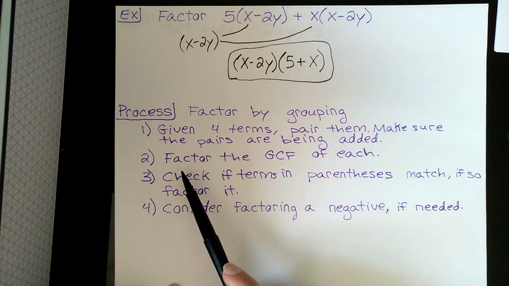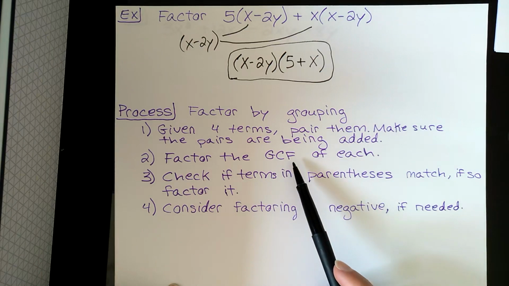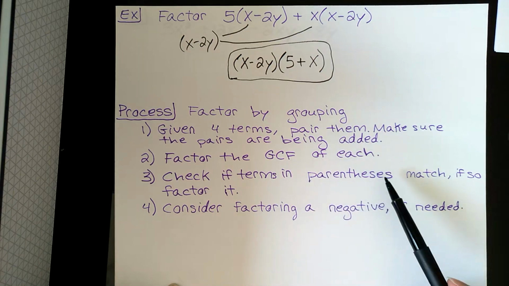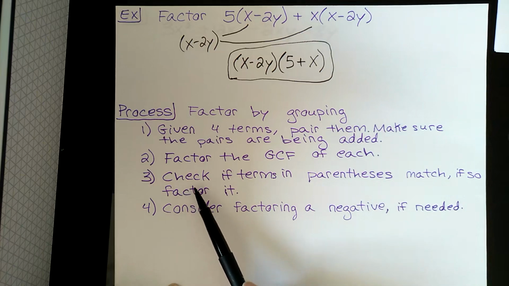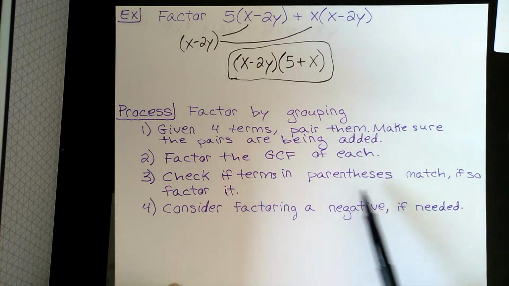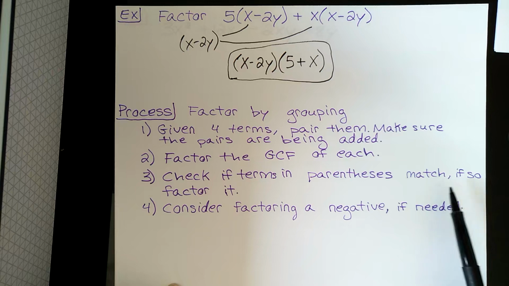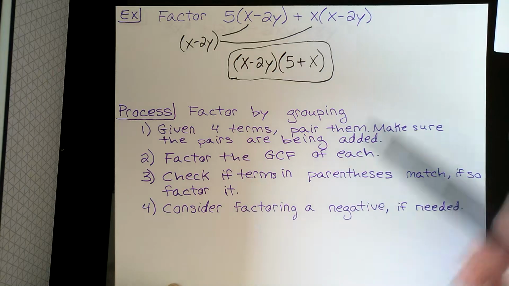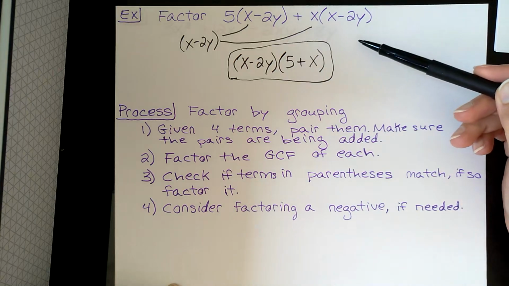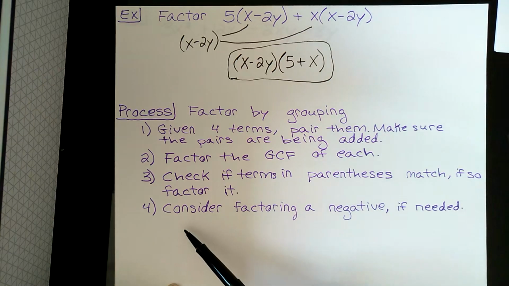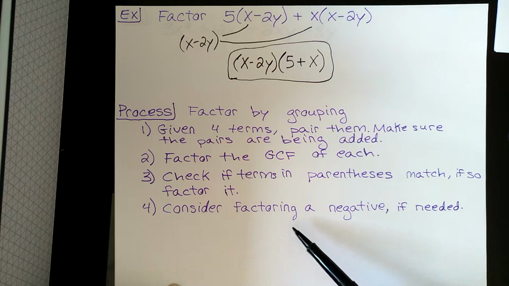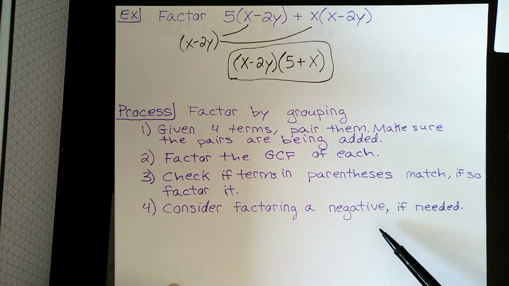Once you do that, you will factor the greatest common factor of each pair. At that point, you are then going to check if the terms in parentheses match. If so, you will factor it out, just like we did in this step. And if they don't, then consider factoring a negative from one of the parentheses, if needed.